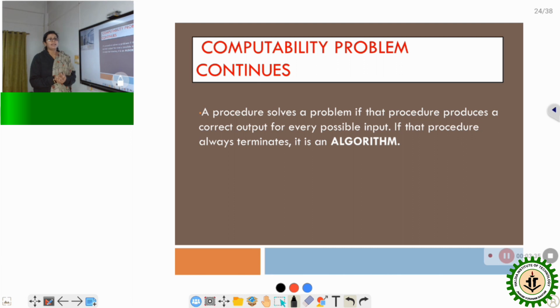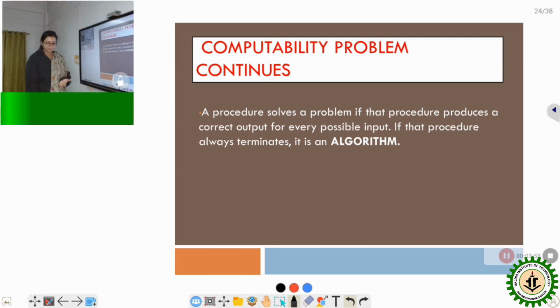Now, what is an algorithm? An algorithm is nothing but a procedure to solve a problem, if that procedure produces a correct output for every possible input. That will be called an algorithm.